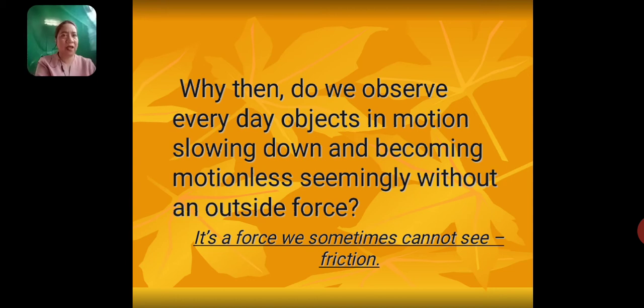If your answer is friction, you are correct. It is a force that sometimes we cannot see. So, that is friction.